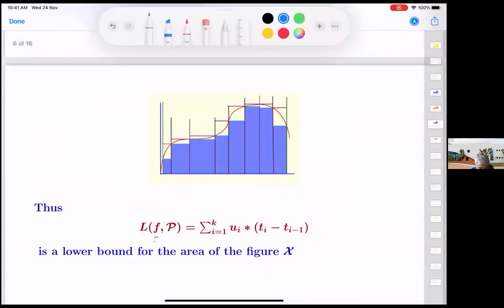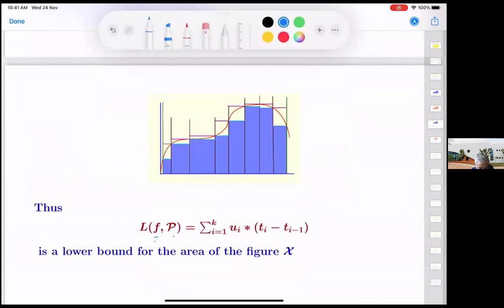So now let us return. We have a function f, we have a partition P, and u_i is the infimum and v_i is the supremum in the interval t_i minus 1 to t_i. This summation we call L(f,P), and this is the lower bound of the area of the figure.